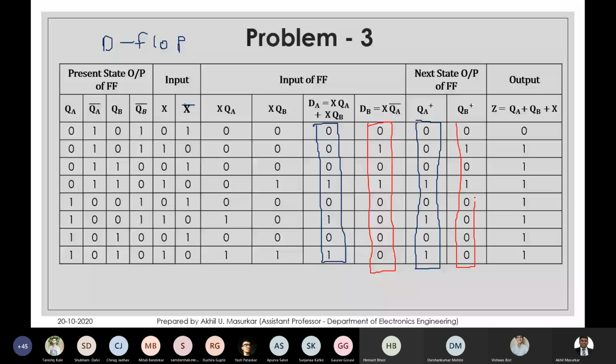Why have I made this X and QA and X and QB? So that I could calculate DA, and DB requires X QA bar. So that is why I have also written QA bar. These are broadly the different set of inputs. Come on, write this.